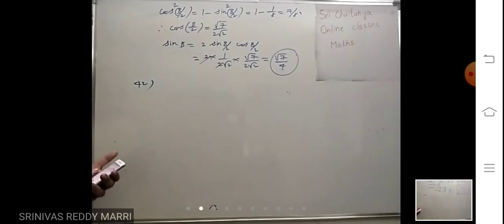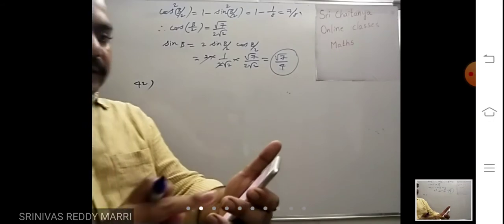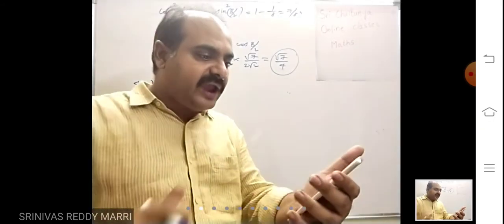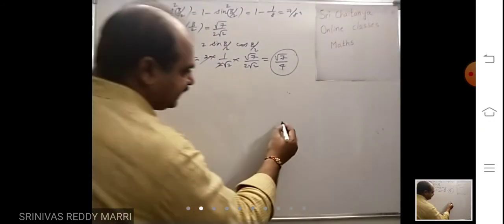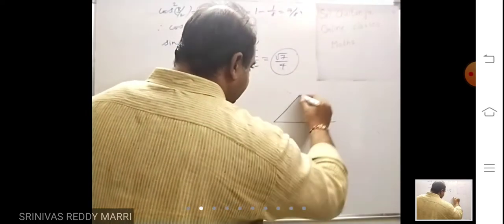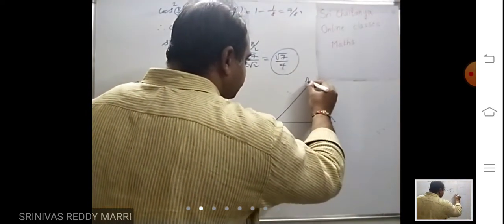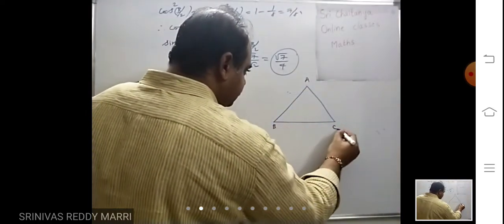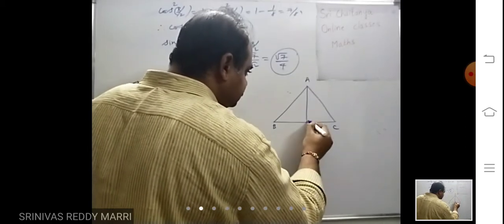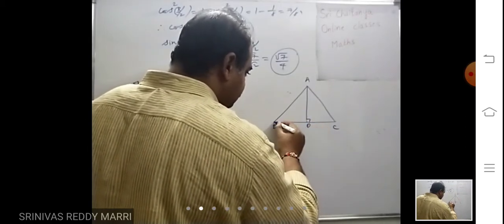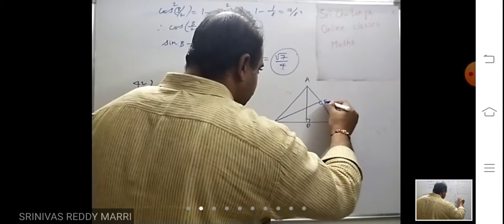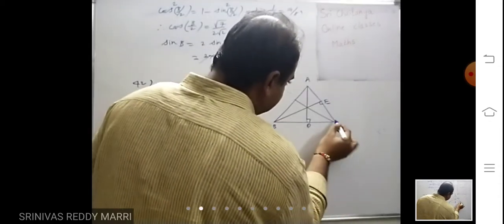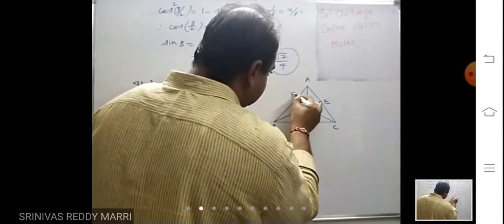The 42nd: given the altitudes of a triangle ABC, the lengths of the altitudes are given. Look at the triangle I am drawing. ABC. Draw the three altitudes. This is AD, this is BE, this is CF.